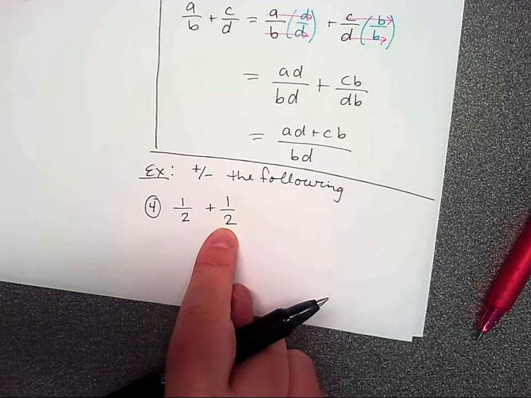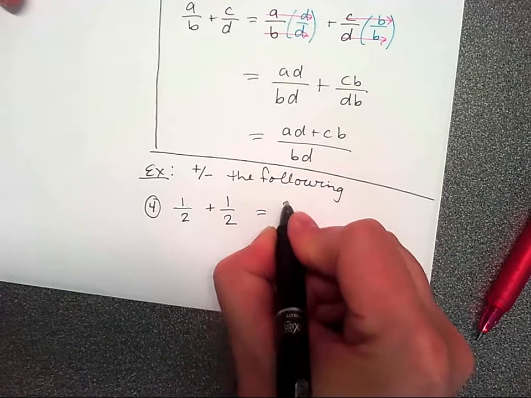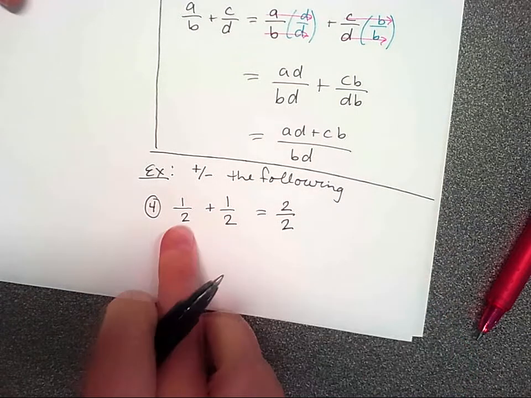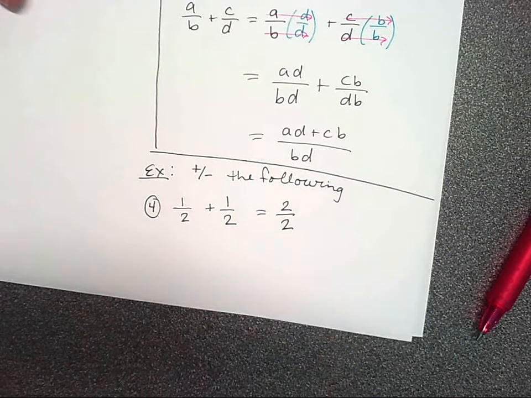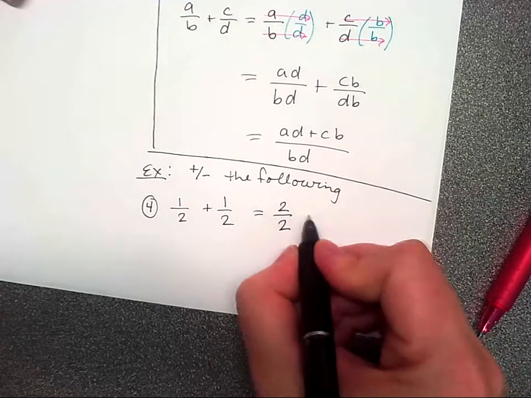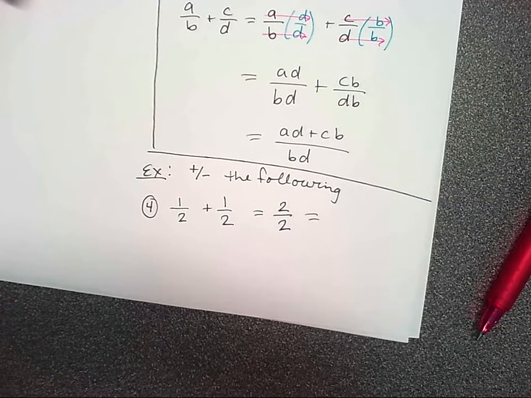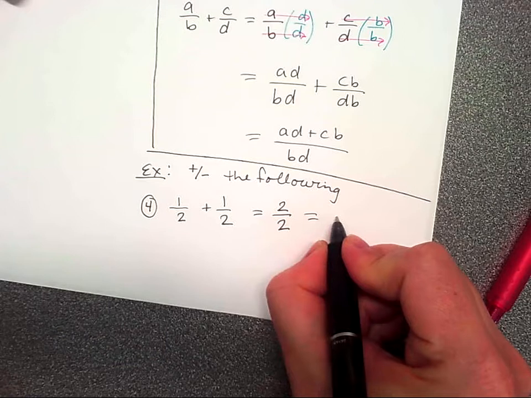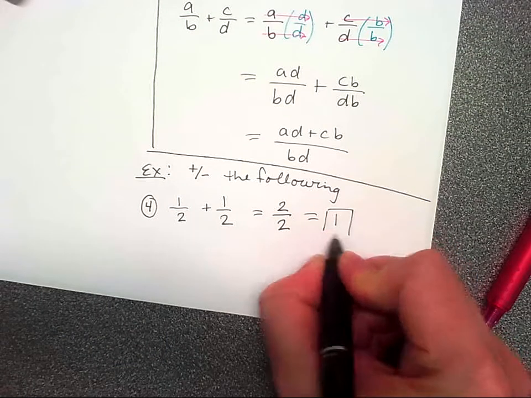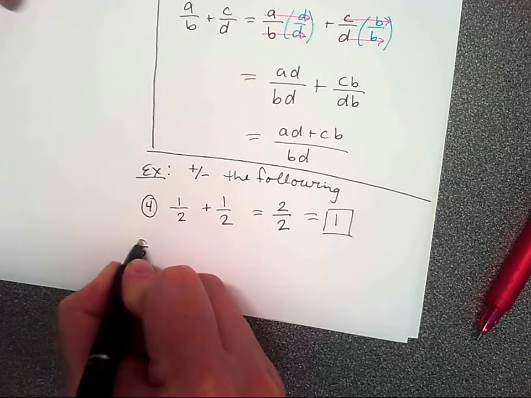I already have a common denominator, right? So I'm going to add the numerators. Keep the denominator the same, add the numerators. 2 over 2, I can simplify, right? I can cancel out my common factors. 2 over 2 equals what? 1.